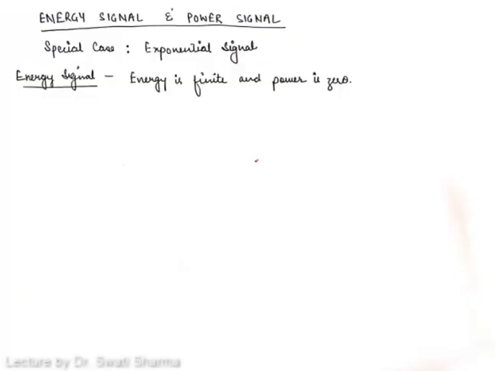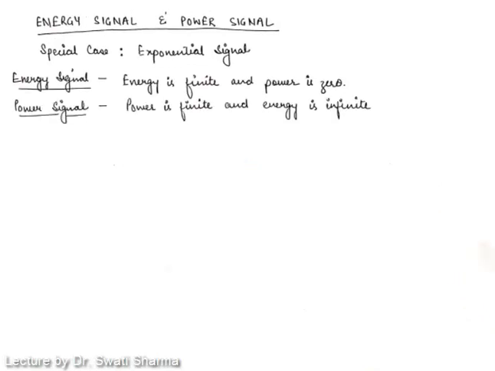As you know, an energy signal is one where the energy is finite and the power of the signal is 0. That is the condition for a signal to be an energy signal. Similarly, for a power signal, the prerequisite is that the power of the signal should be finite, and the energy of a power signal is always infinite.